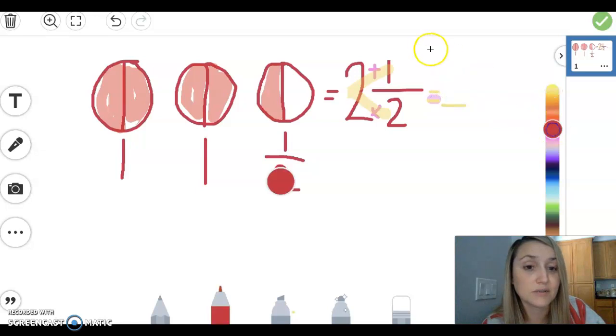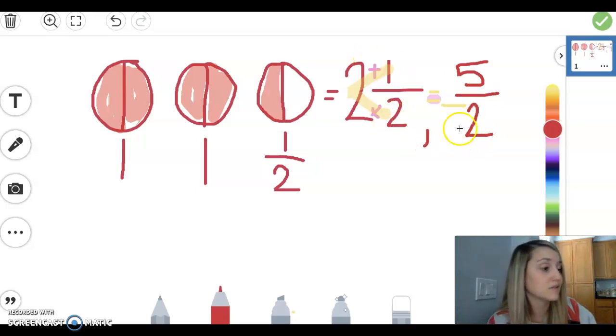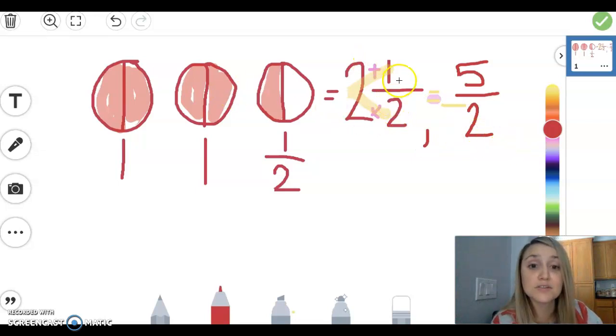So your answer would be 5/2. Because remember, your denominator stays the same. So in this one, you would have your 2 and 1/2, and then you'd also have 5/2.